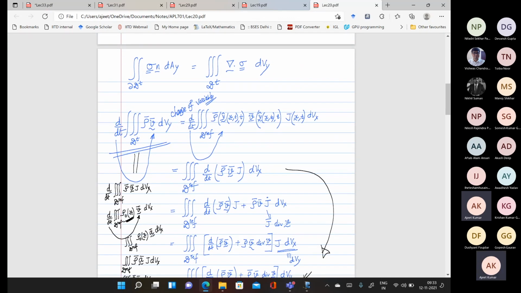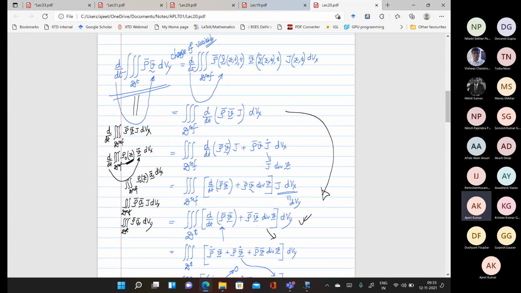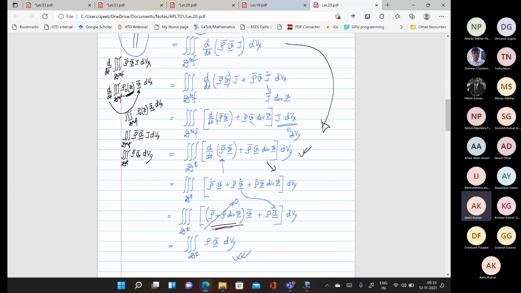Here we are taking the time derivative inside, where you have shown the arrow going down. After that we wrote d/dt of rho v, plus rho v dot. Up to that it's fine, but after that we did not expand this.